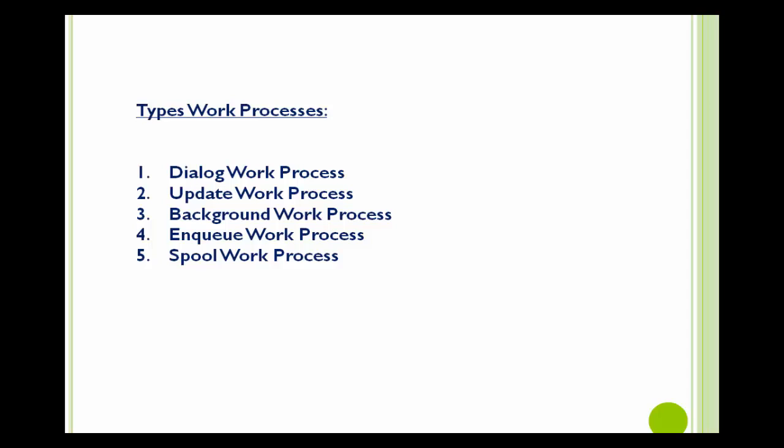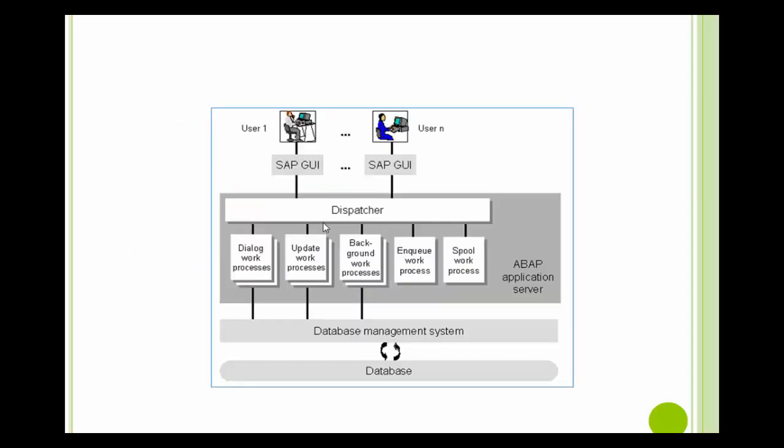Now, going in depth into the types of work processes: there is the dialog work process, update work process, background work process, enqueue work process, and spool work process. There are n number of processes we'll discuss now. For example, when you request through the GUI, the request first goes to the dispatcher.